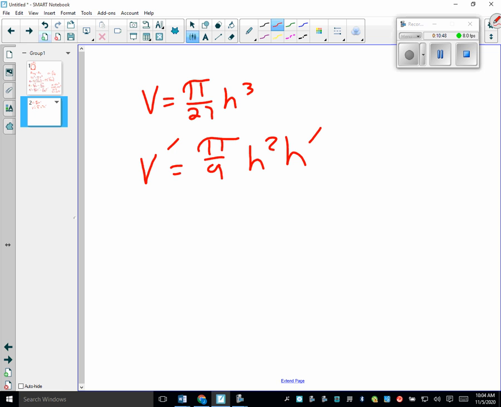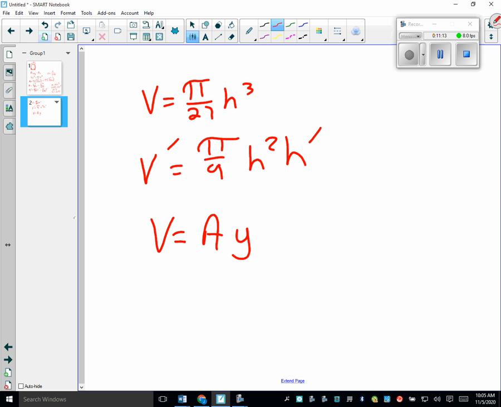So can we go to C? Yes. Okay, for C, is the volume of the cylinder equal to the area of the top times the height? Yes.